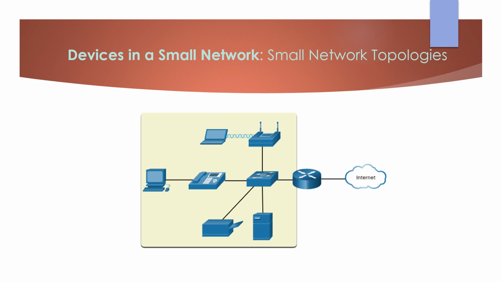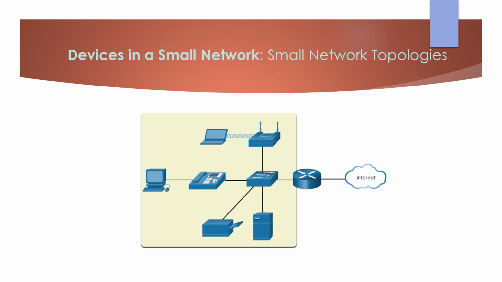Small networks typically have a single WAN connection provided by DSL, cable, or Ethernet connection. Large networks require an IT department to maintain, secure, and troubleshoot network devices and to protect organizational data.